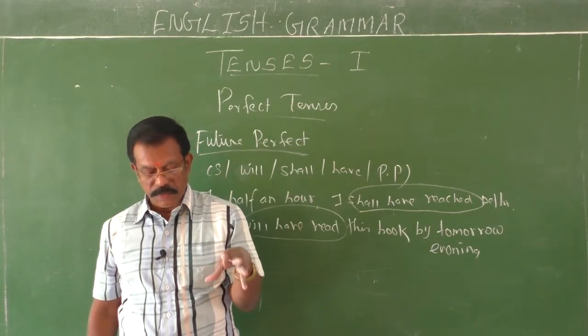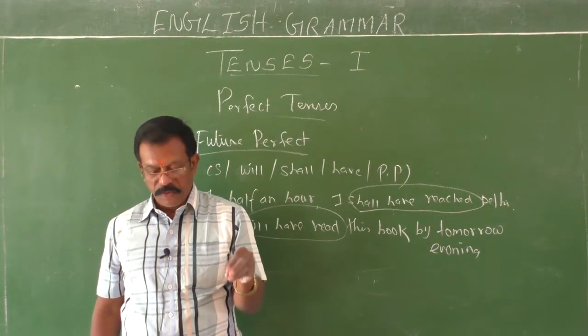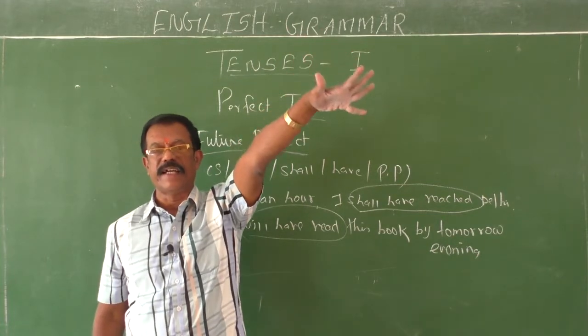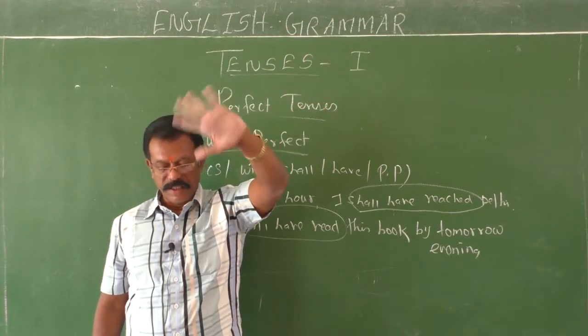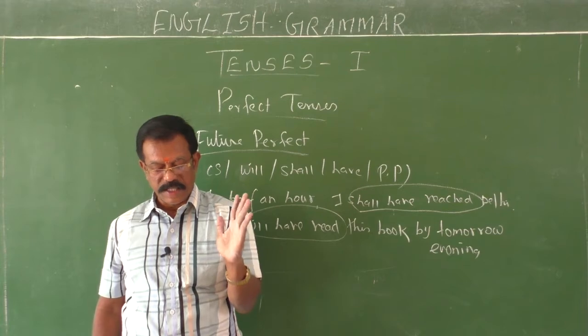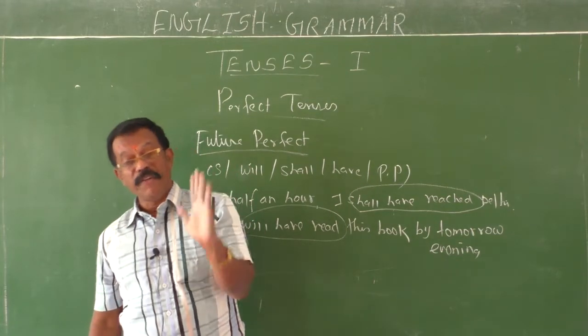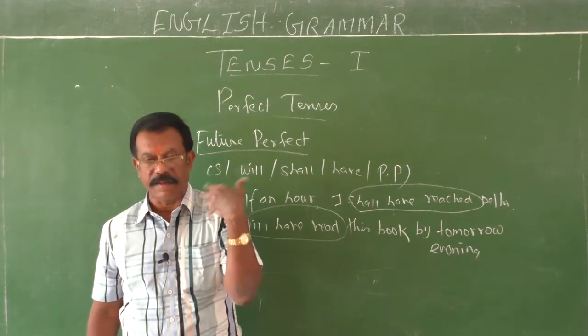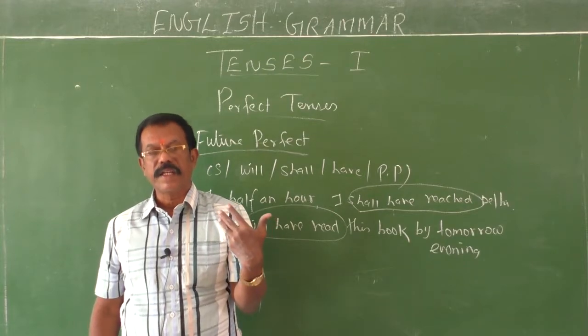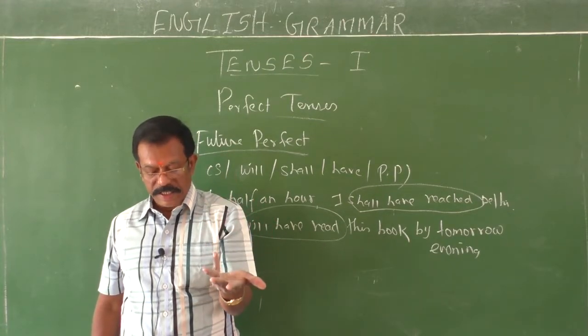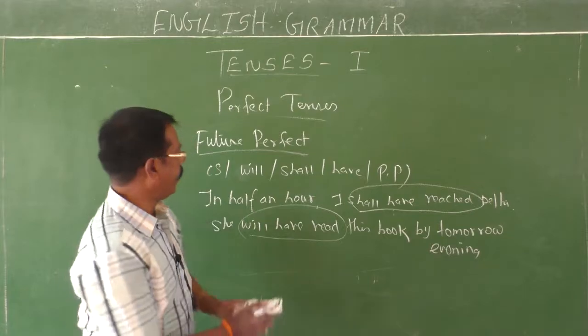This tense is used to express an action completed before a given moment in the future. Very important. This tense is used to express an action completed before a given period or a moment in the future. For example, the school will have declared the results by next Saturday.